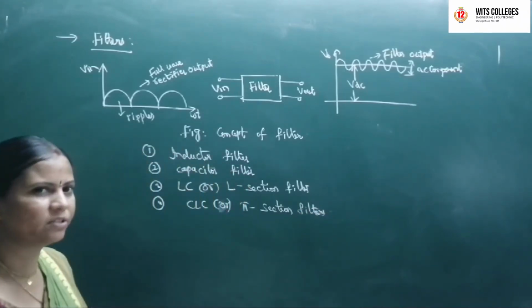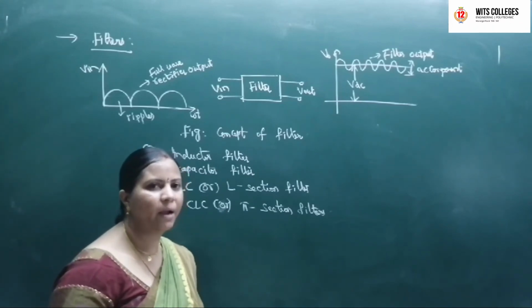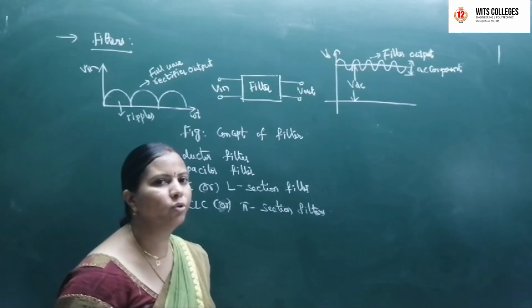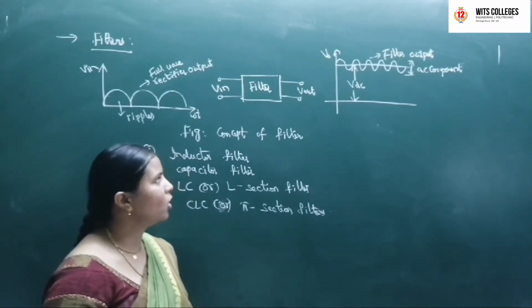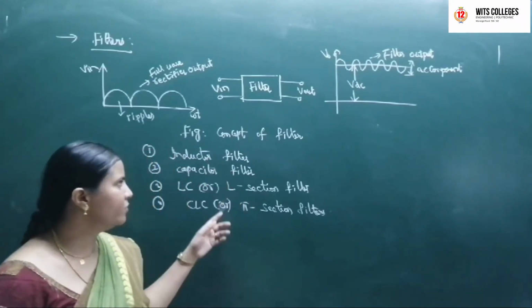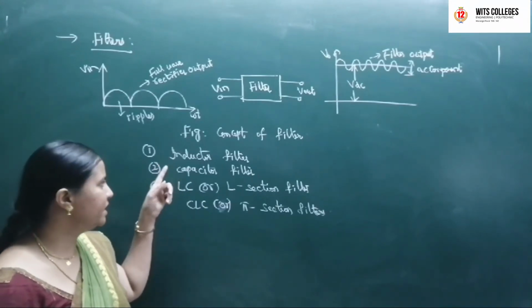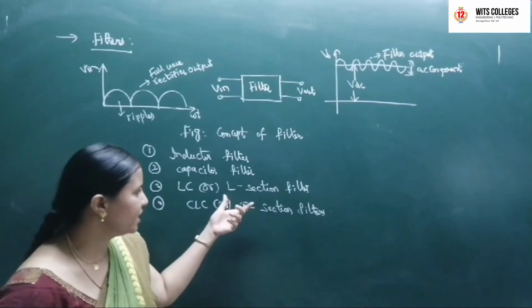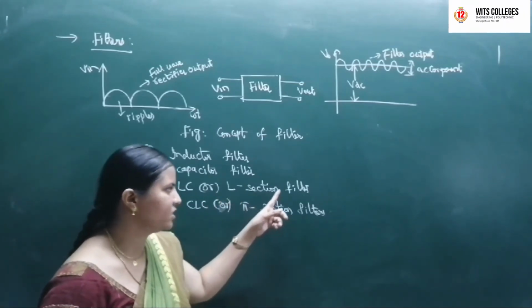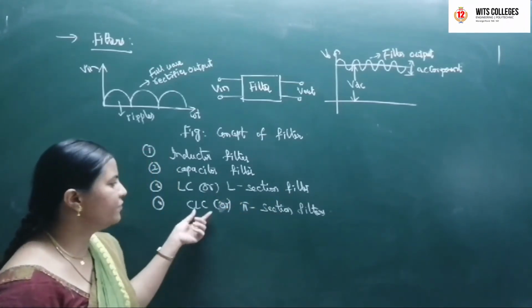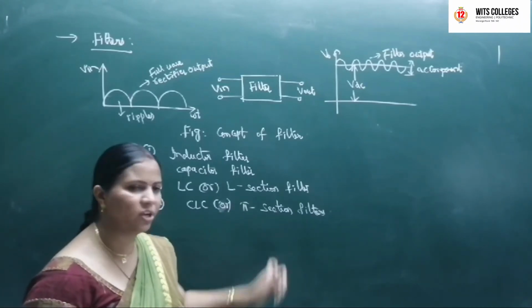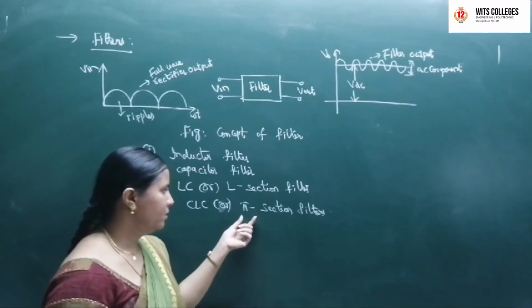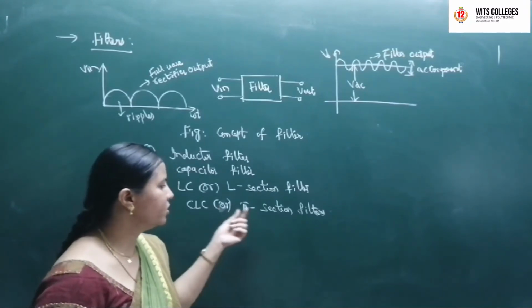So these are the 4 types of filters: inductor, capacitor, LC or L section filter, CLC or pi section filter.